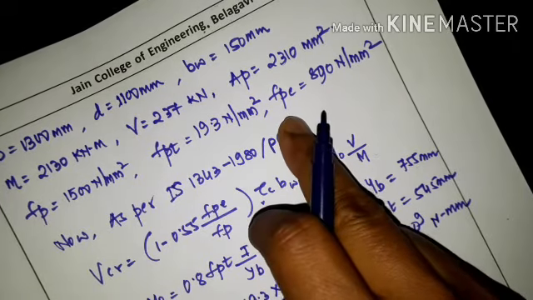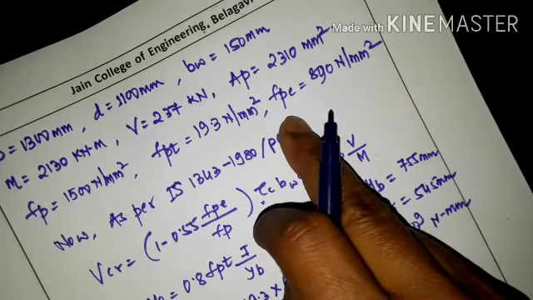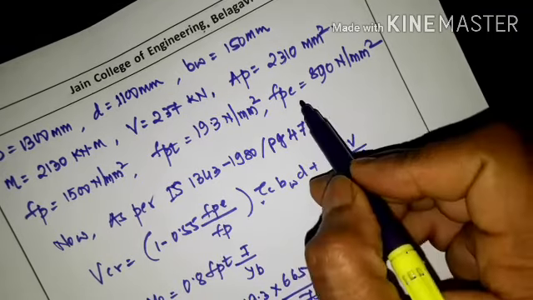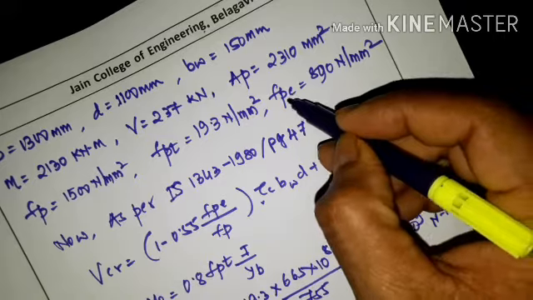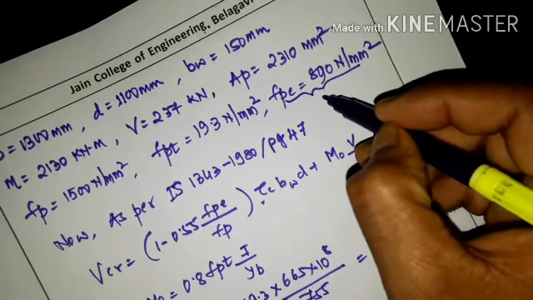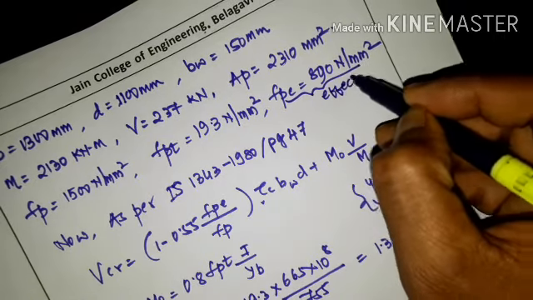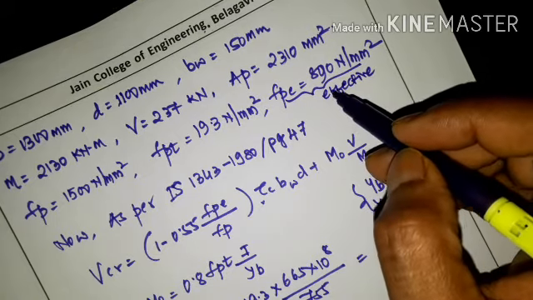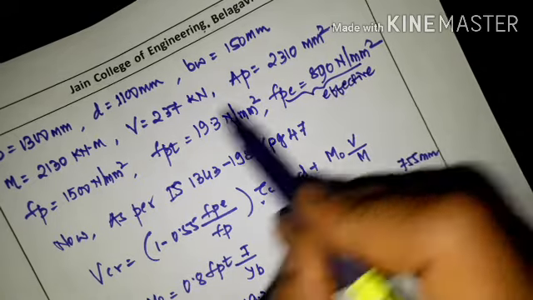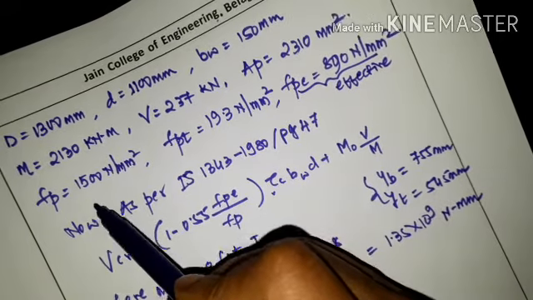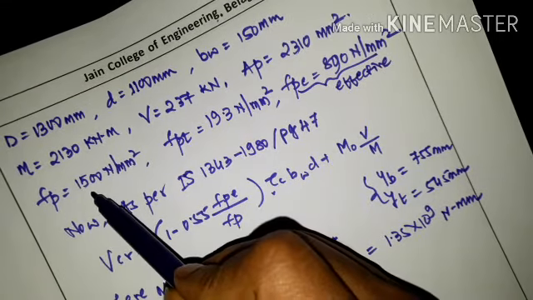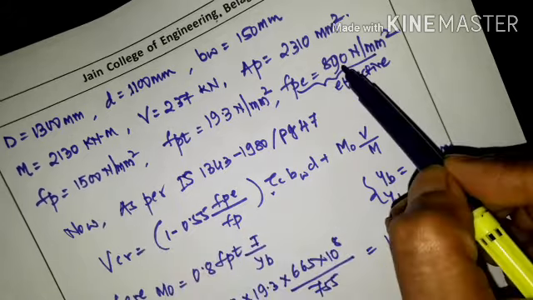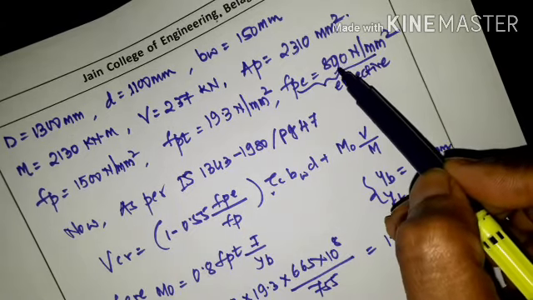If it is mentioned as the effective pre-stress in the tendon, then that will be FPE. The pre-stress provided in the tendon is 1500 Newton per mm square, but after all losses the stress is reduced to 890 Newton per mm square, and that will be effective.